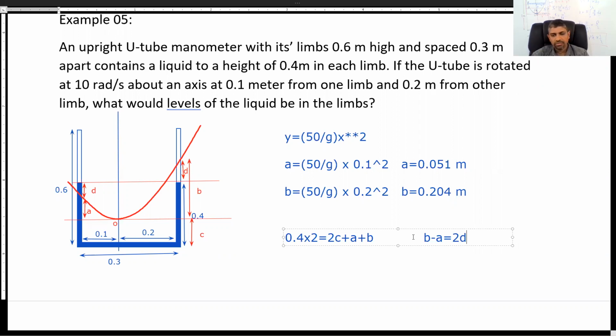We can find the value of D and C now, then we can check whether this is a practical situation or not.